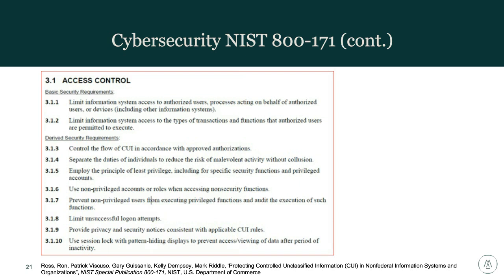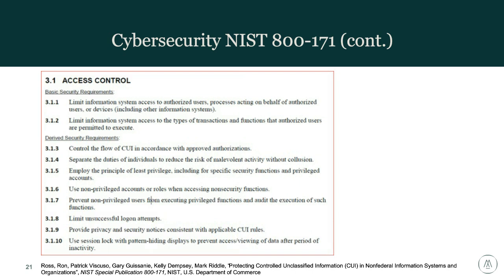So in 3.1, this is probably the most important class of the 14, in my opinion. You look at account management, access enforcement, remote access. For account management, for example, you want to make sure you have a good provisioning practice: how you bring people on, what kind of rights you give them, reviewing access rights in a periodic manner. When do you need to remove the access?